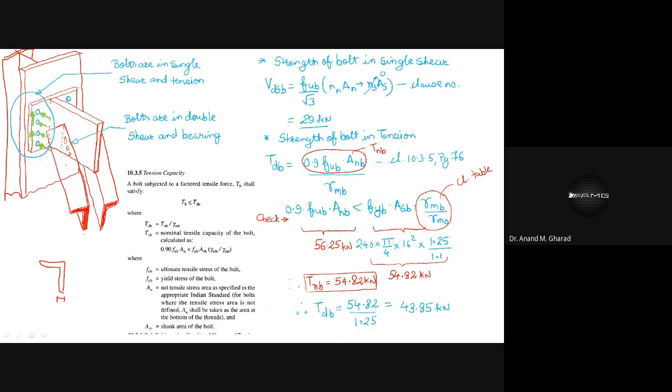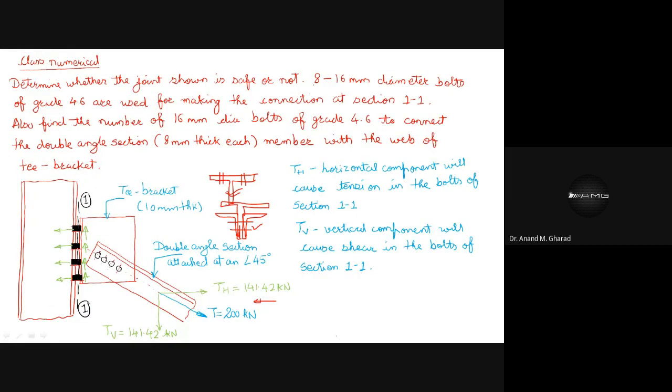So over here this will be the thickness, and this will be the thickness. How much thickness is mentioned in this numerical? It is 8 thick. The angle sections are 8 thick.